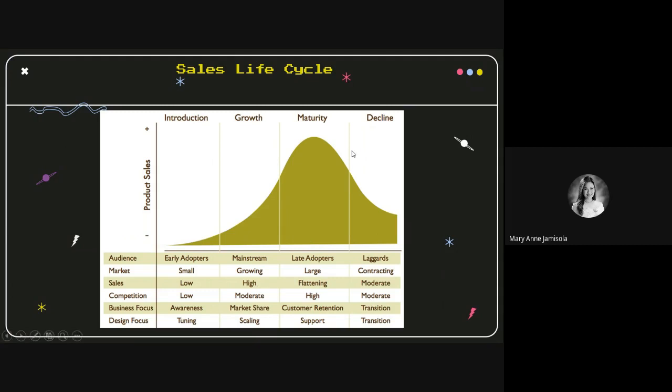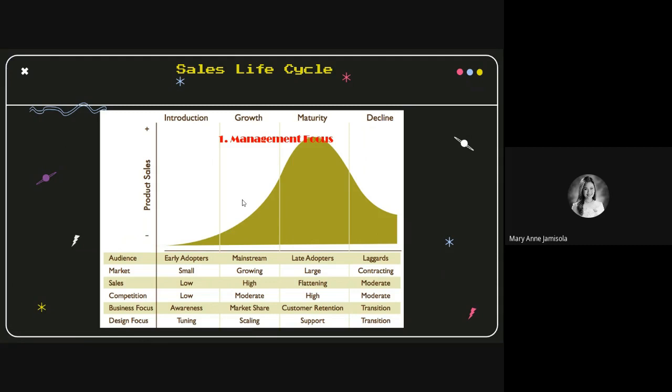So let's look at the entire sales life cycle as to the management focus. In the first phase, the focus of management is on the design, differentiation, and marketing. Then the focus shifts to new product development and pricing strategy as competition develops in the second phase, which is your growth phase.